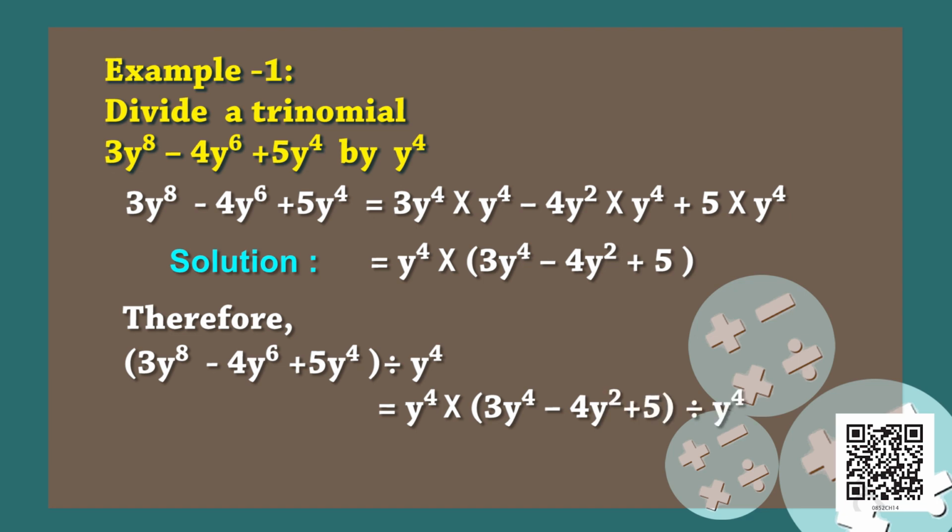Now, by type 1, by cancelling the common factor y to the power of 4 in the numerator and denominator, we get 3y to the power of 4 minus 4y square plus 5.